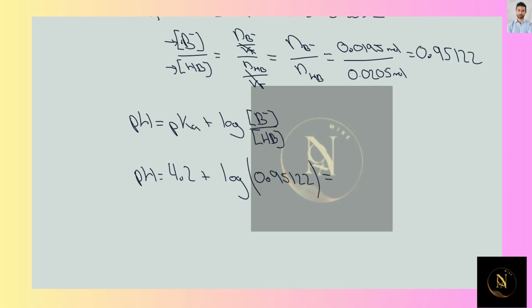The result that we get is going to be a pH of 4.178. If you want to go all the way to 1783, might as well. Or you can round it up as 4.18.